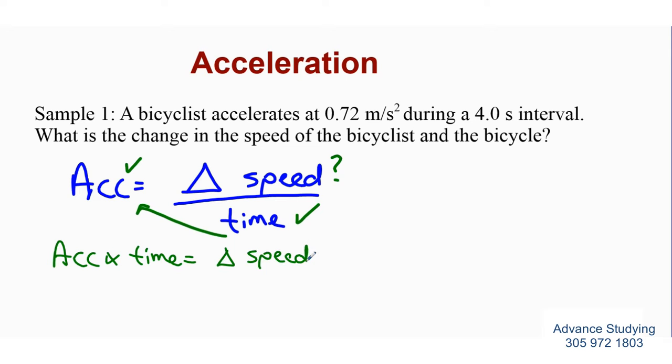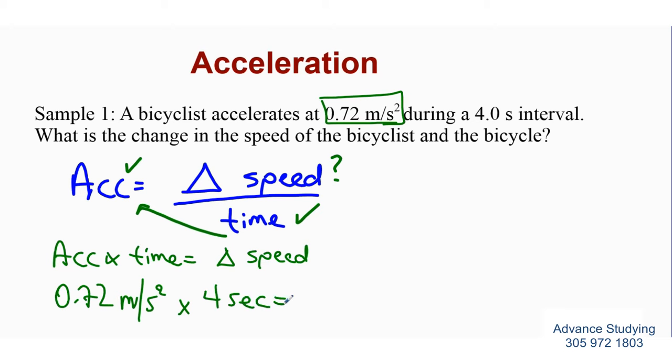Now you just plug in the values. My acceleration is 0.72 meters per second squared times my time. My time is 4 seconds.